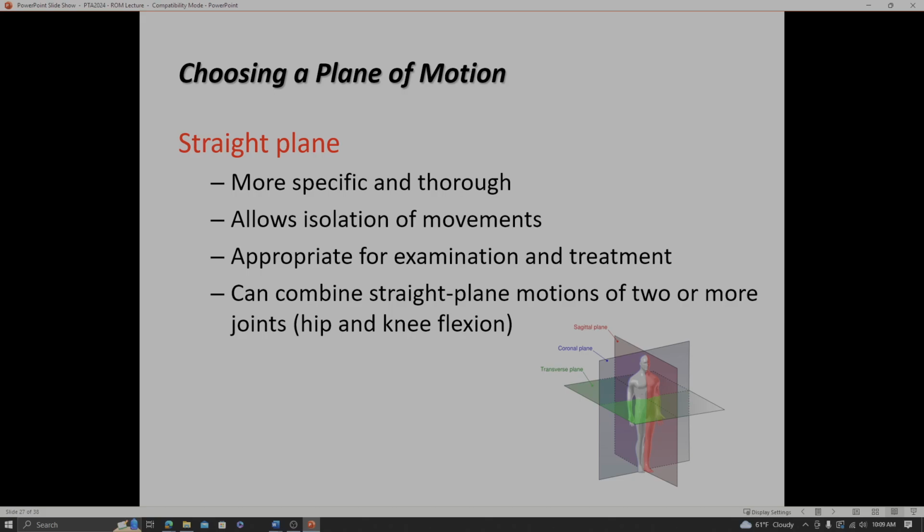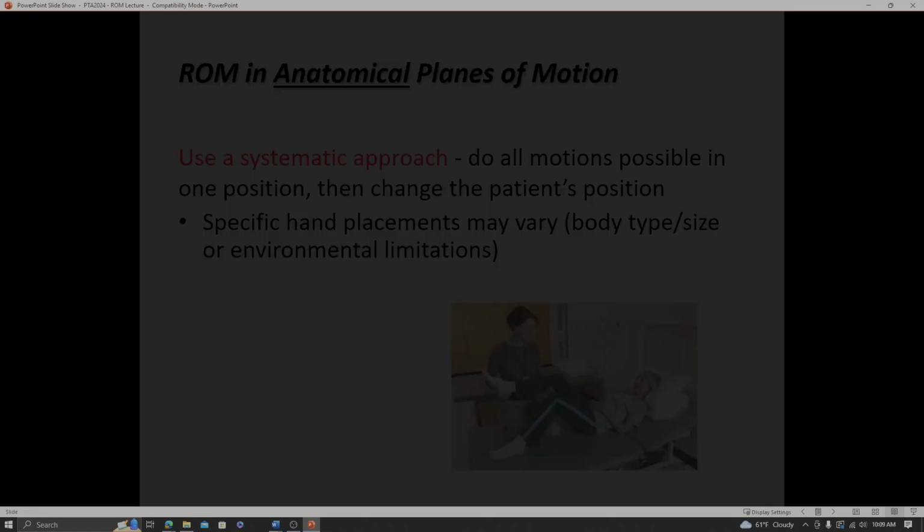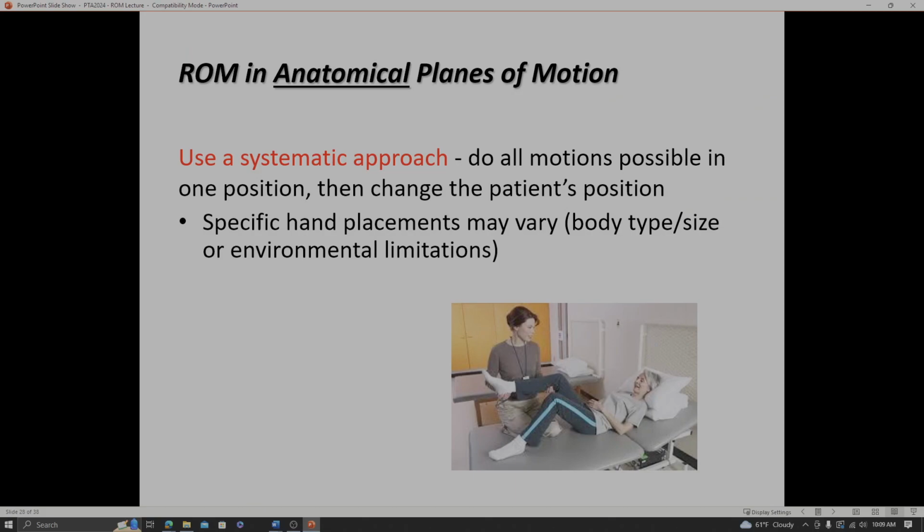And you can combine motions in two or more planes to do things like stretch and range. So a lot of our ranging happens in straight planes because it's an easy starting point, easy to measure, easy to implement, and it simplifies the treatment. But after a while, we have to use a systematic approach, right? So you're going to do all the movements in one position.